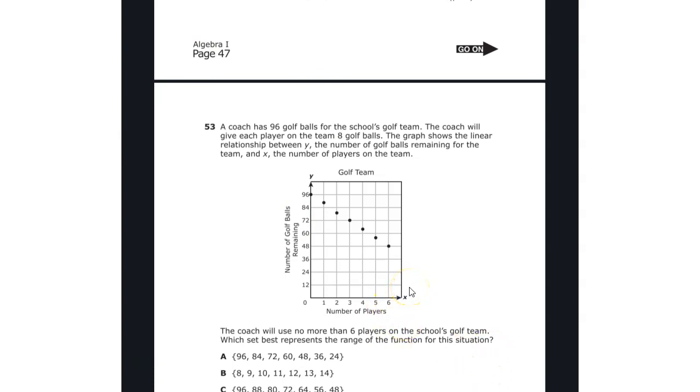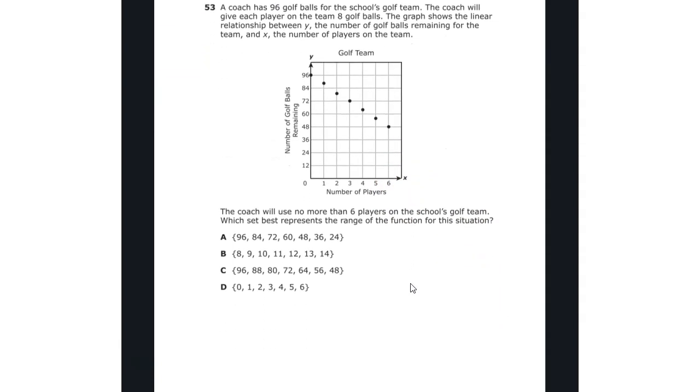Which set best represents the range of the function for this situation? Okay, so we're going to have only 6 players and there are 8 golf balls. So we start off at 96 and we keep going down by 8 until we get to 48. So that's going to be C.